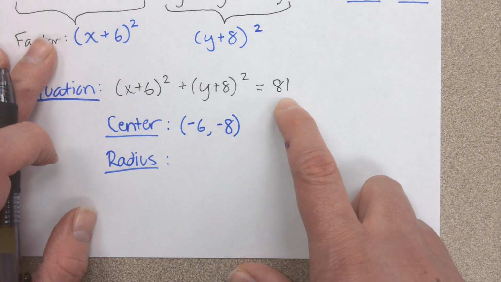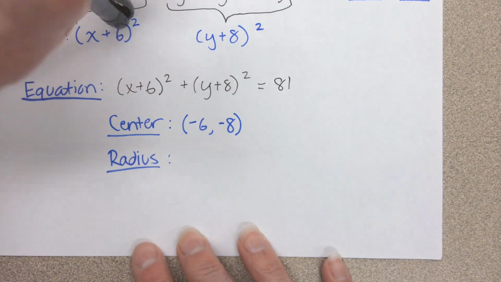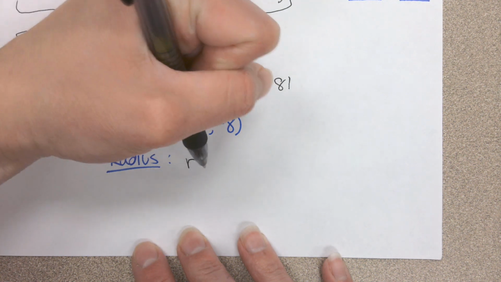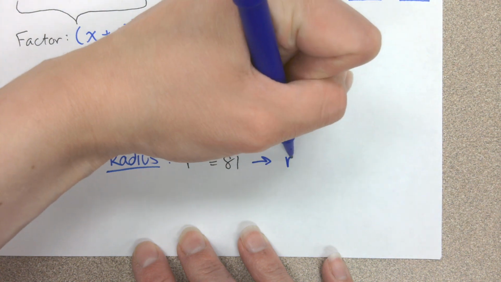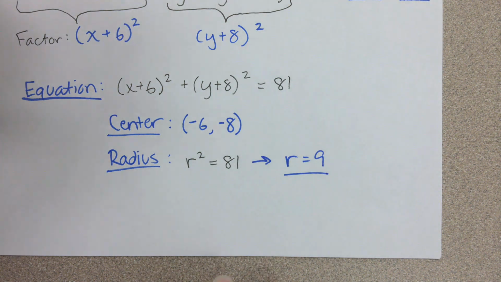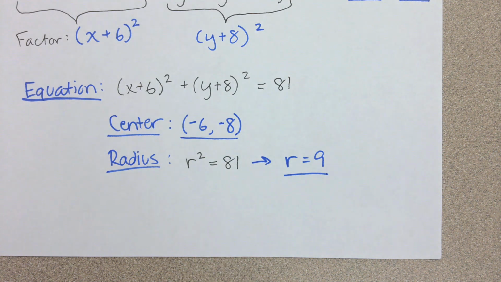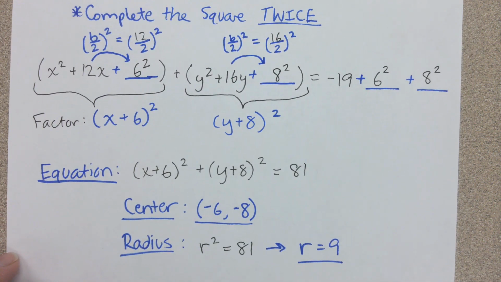Remember, this number at the end is r squared, not r. So don't make that mistake. The radius is not 81. R squared is 81, meaning r is 9. And that's it. Any questions over this first example?